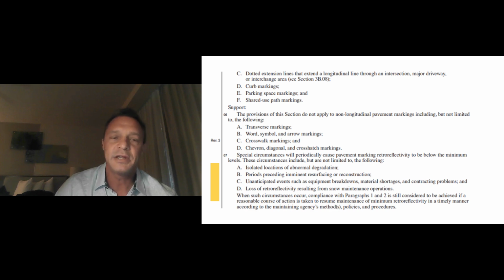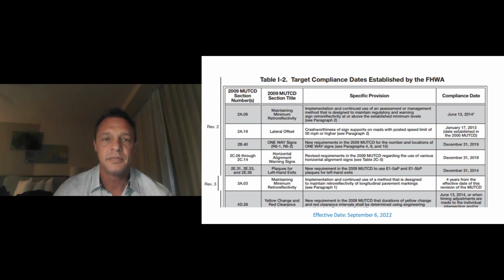And then also they like to talk about transverse markings are not included. Word, symbol, and arrow markings are not included. So essentially what we're talking about here are edge lines, center lines, and skip lines. Okay, so you don't have to worry about some of the other pavement markings out there. And maybe that doesn't mean that they're not important. They are, but the way FHWA interpreted Congress's requirement, they only implemented this for longitudinal pavement markings.